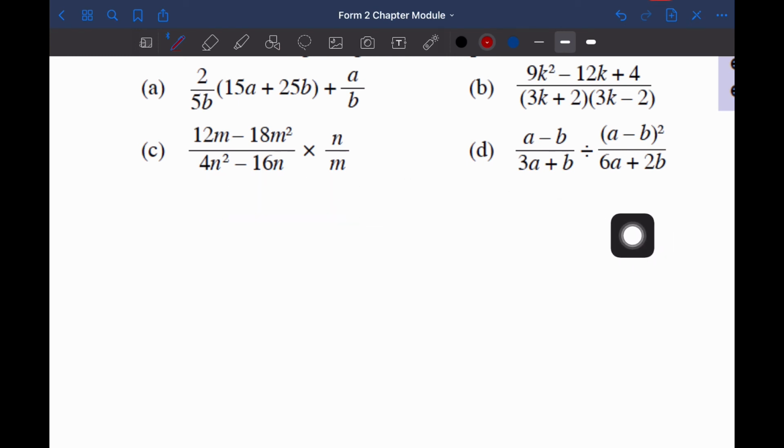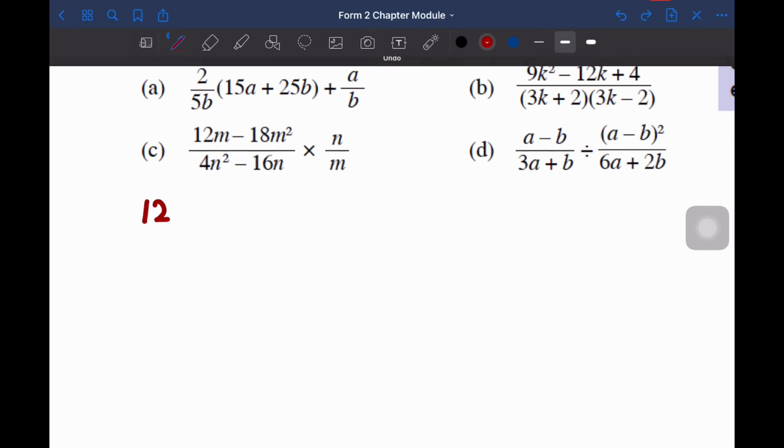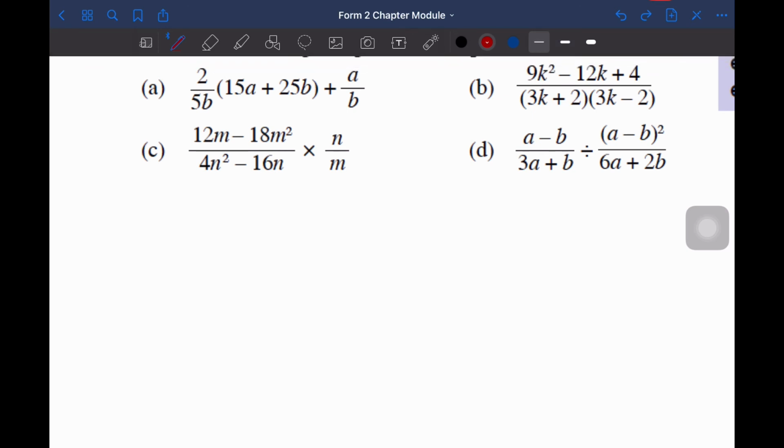Okay, so saya salin dulu 12m minus 18m square divide by 4n square minus 16n times n over m.